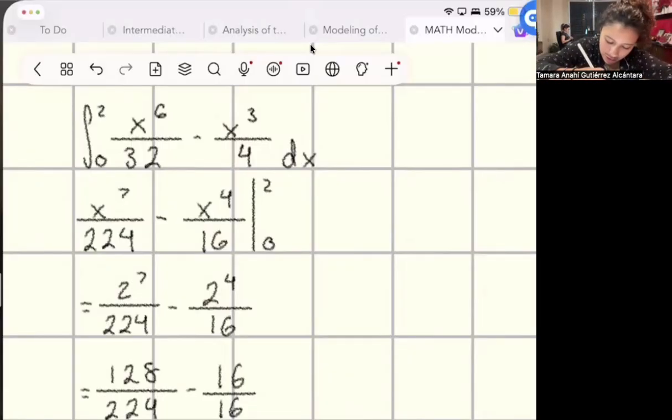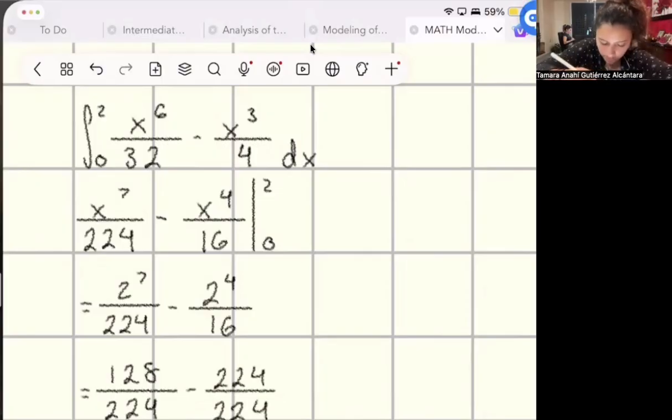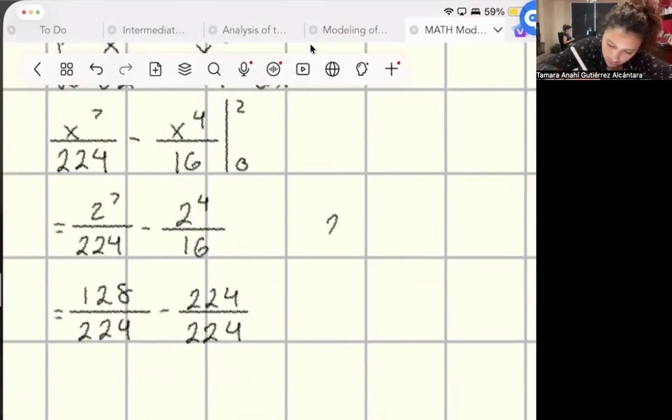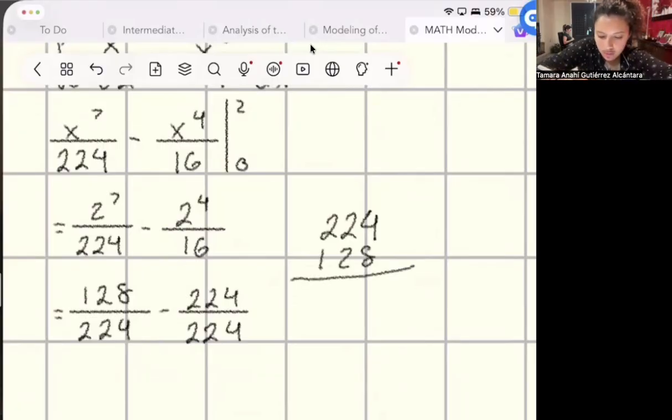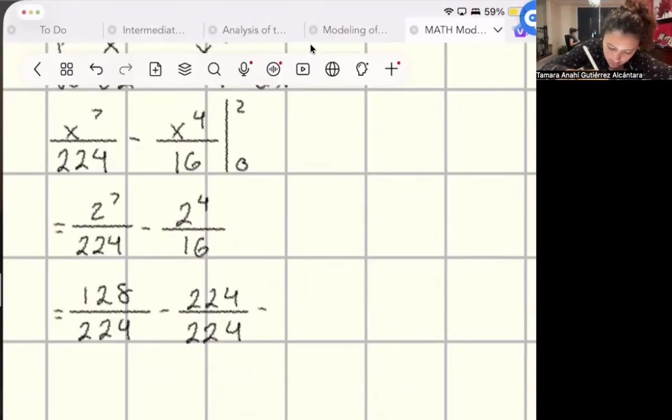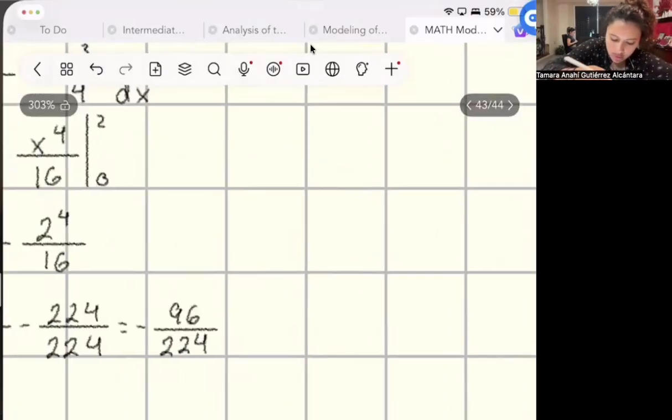So we're going to write it as 224 over 224, and we make the subtraction. 224 minus 128, and minus 96 over 224. We simplify it.